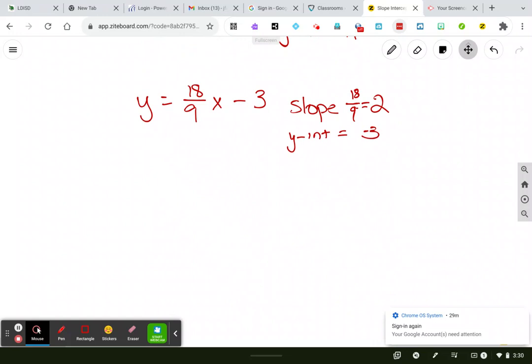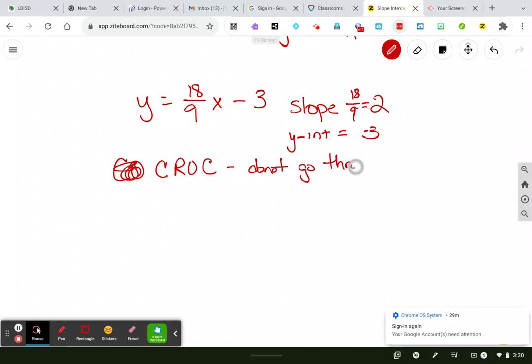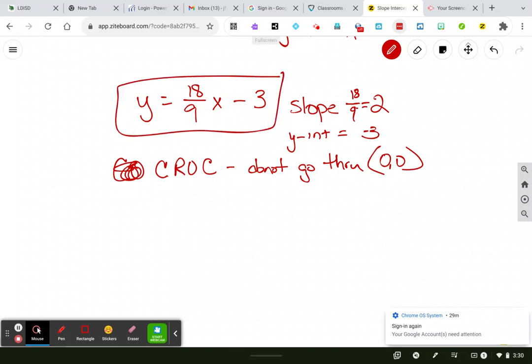Those are all constant rate of change. They do not go through 0, 0. So if it looks like this, it is not going to cross the origin.